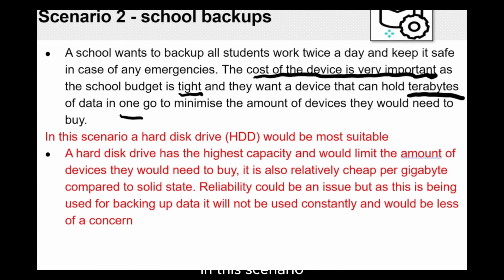So in this scenario, a hard disk drive would be most suitable. A hard disk drive has the highest capacity and would limit the number of devices they would need to buy. It is also relatively cheap per gigabyte compared to solid state.